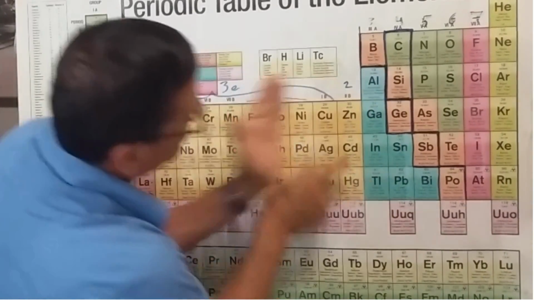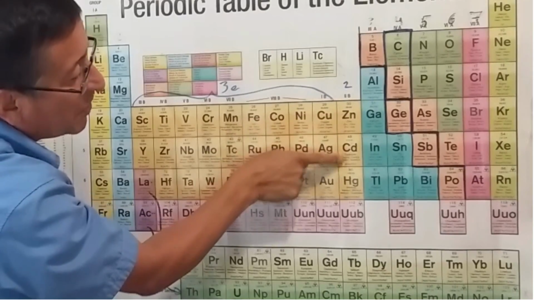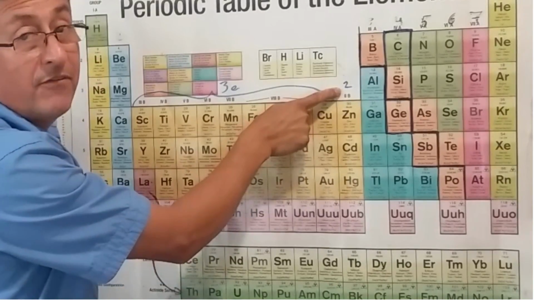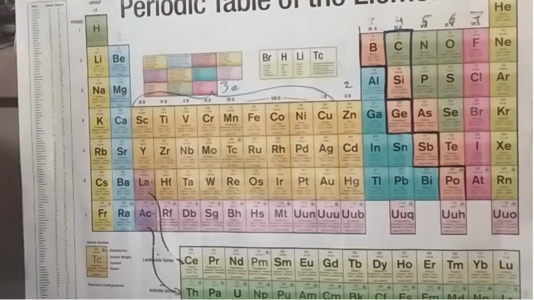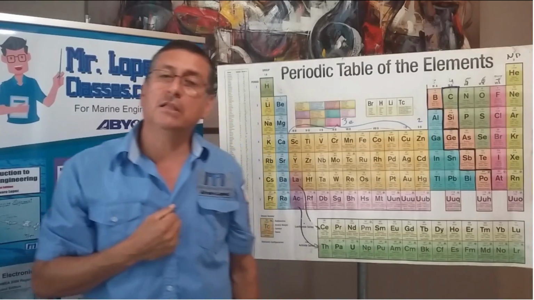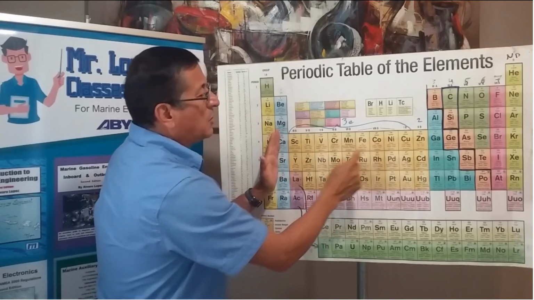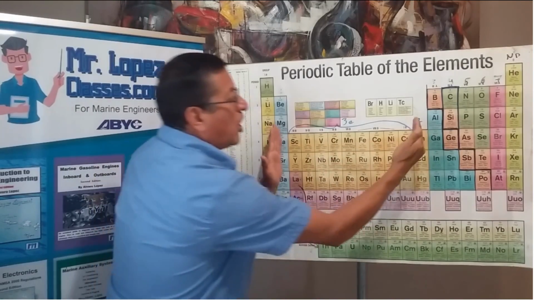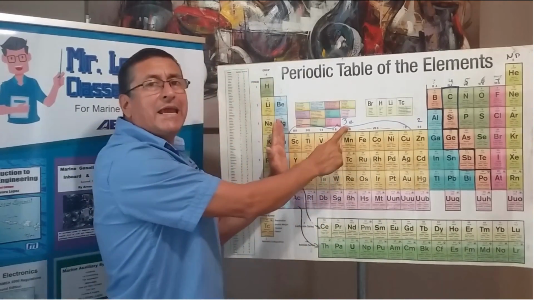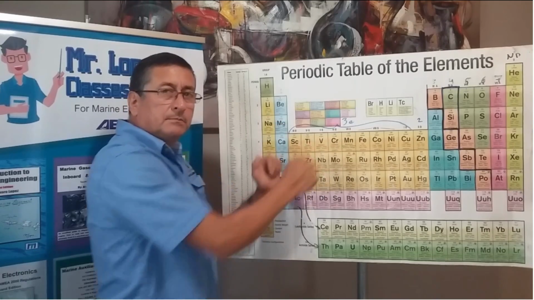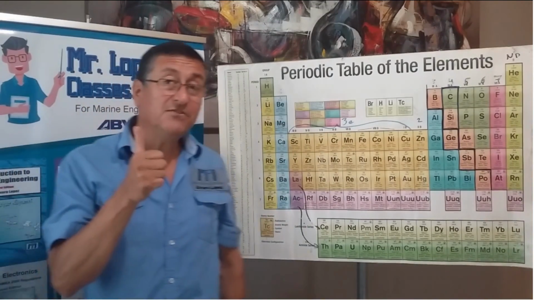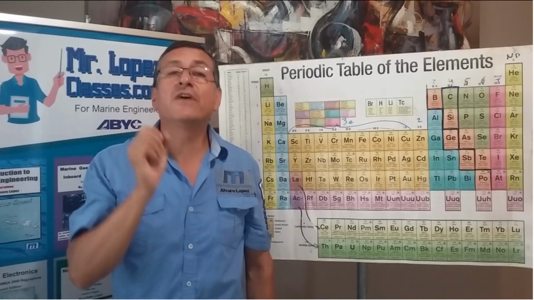And this small group, zinc, cadmium, and mercury, only have 2 electrons in the last orbit. The rest of the metals, copper, nickel, iron, gold, silver, all of those work with 3 electrons in the last orbit. This is very important.